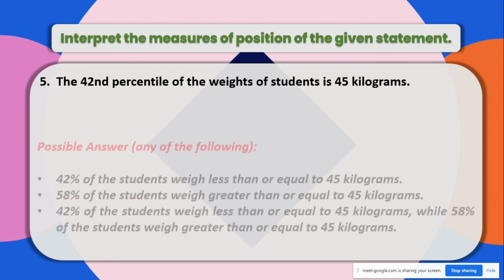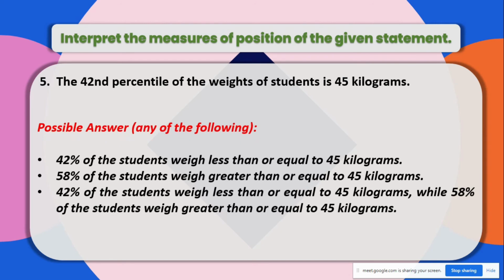Okay, so sige daw. So, the possible answers kasi 42nd percentile man, so less than yung term na siya. So 42% of the students weigh less than or equal to, pila yung timbang? 45 kilograms. So kung 42% na less than, so kulang na lang is 58% to make it 100.